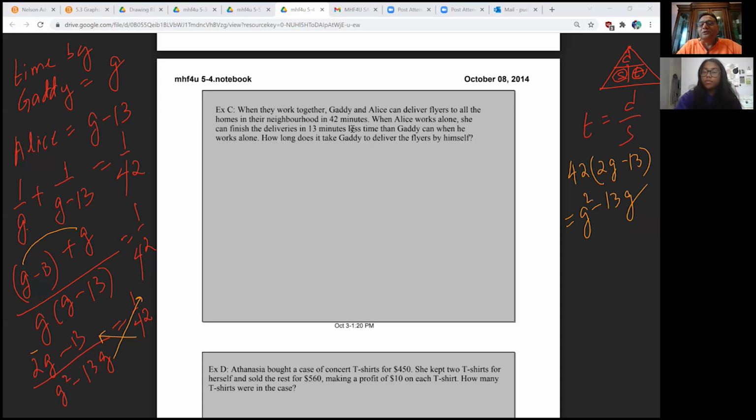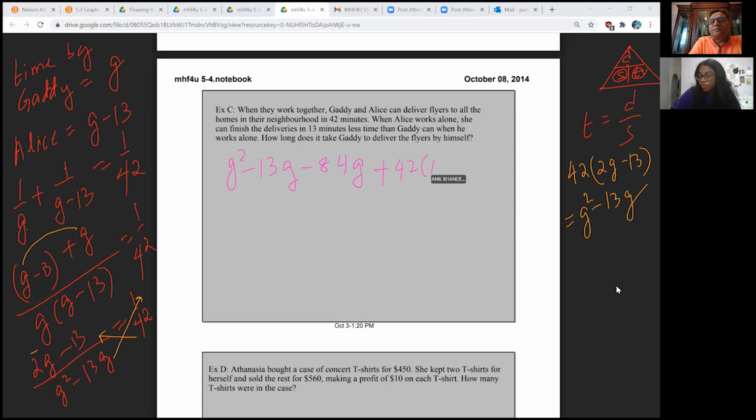As you can see in this particular case, we are having a quadratic equation, right? So we'll bring all the terms together on one side. So we have g squared minus 13g. Taking these terms to the right side, 42 times 2 is 84, right? So with the negative sign, 84g, and 42 times 13 with a positive sign, we can use a calculator and multiply this.